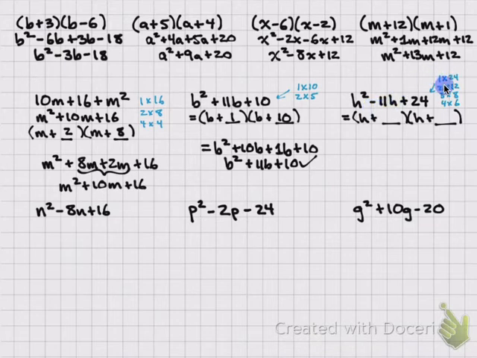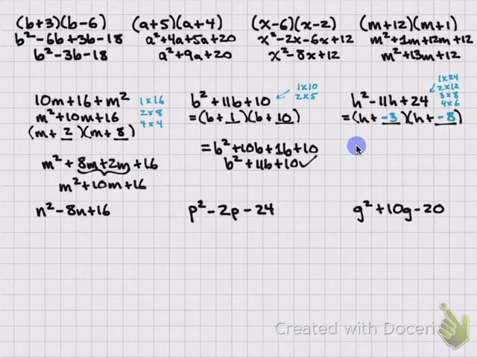And so when I look over here, I'm thinking 3 and 8 are looking good because they multiply to 24 and add to 11. So that means if we did negative 3 and negative 8, they still multiply to 24, but they add to negative 11. So I think that this polynomial is going to factor as h plus negative 3 times h plus negative 8.